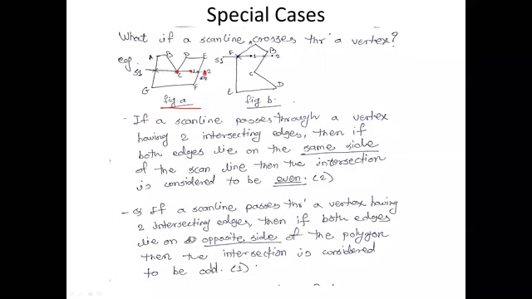If a scan line passes through a vertex having two intersecting edges, then if both the edges lie on the same side, this is important, same side of the scan line, then the intersection is considered to be even. That is, you have to consider the number of intersections as 2. So what is this case? I will tell you in detail.